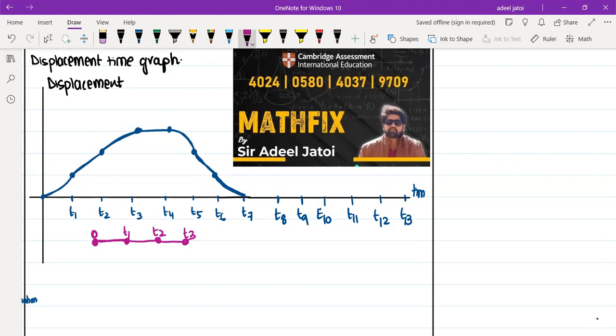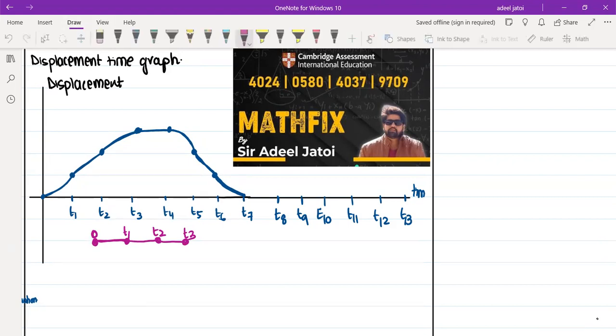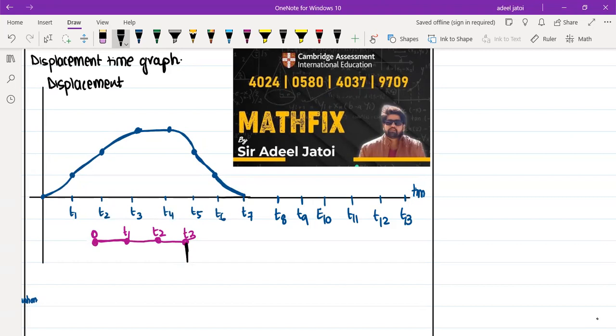But then there was a rest. And then again, the body moved in the direction. So this was T5, then T6, and at T7, it is at the mean position. That means it came back to where it was at the initial point of time.